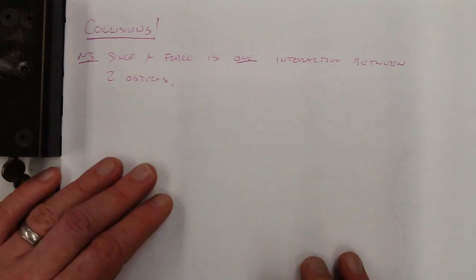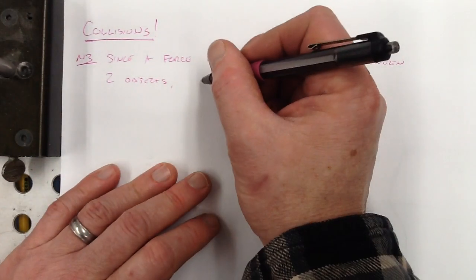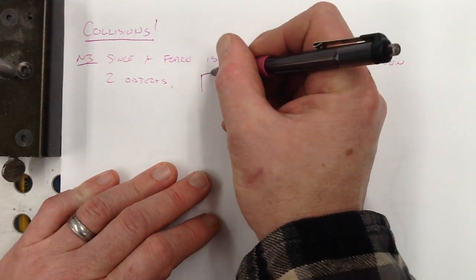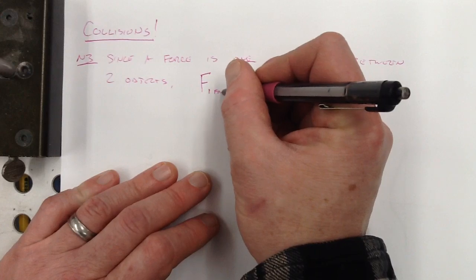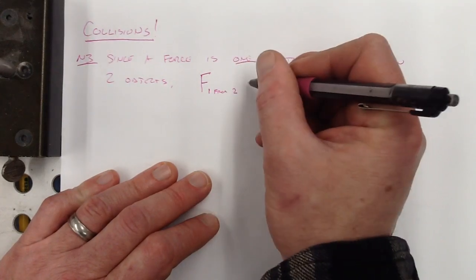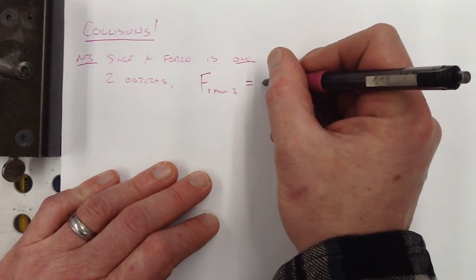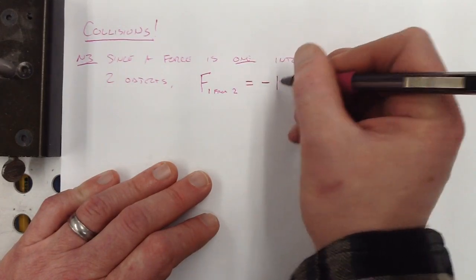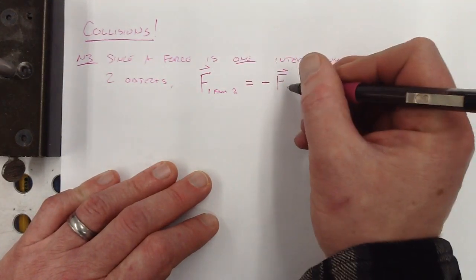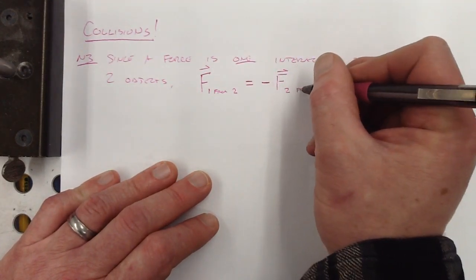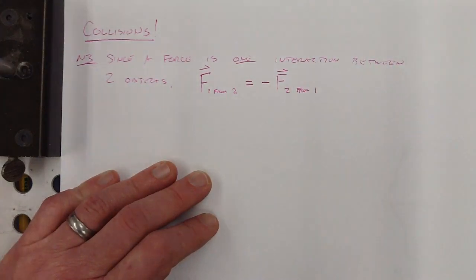Newton's third law: since force is one interaction between two objects, that means the force on object 1 from object 2 is equal but exactly opposite in direction to the force on object 2 from object 1.